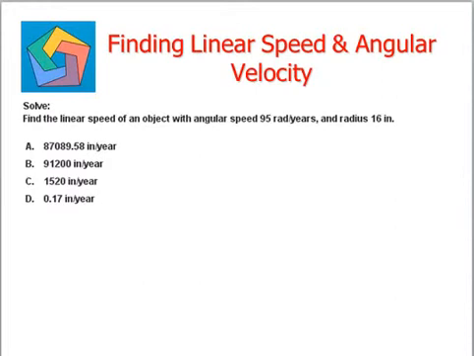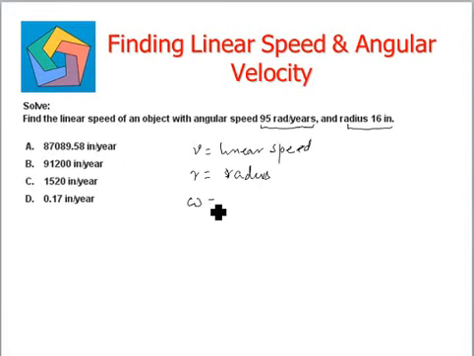Solve. Find the linear speed of an object with angular speed of 95 radians per year and radius of 16 inches. If v is the linear speed of an object and r is the radius, omega is equal to the angular speed.